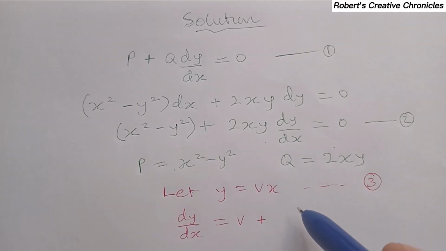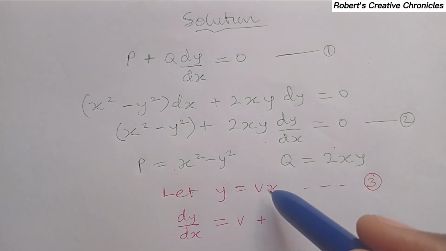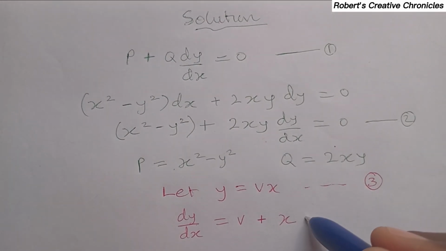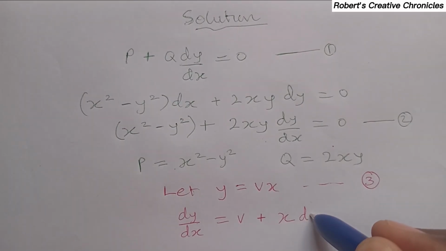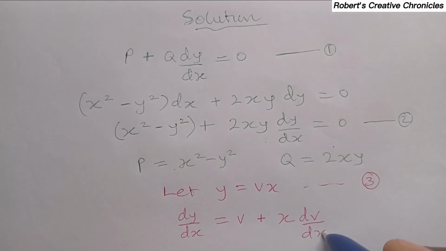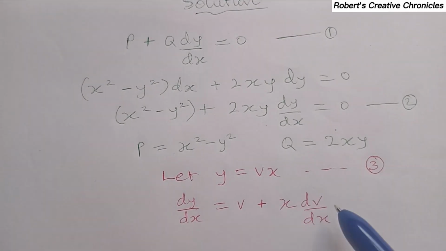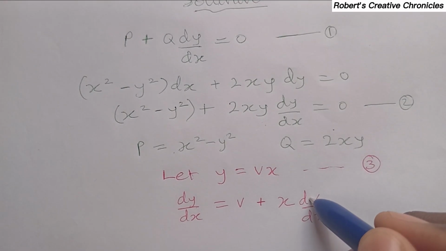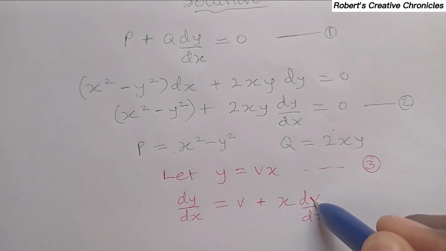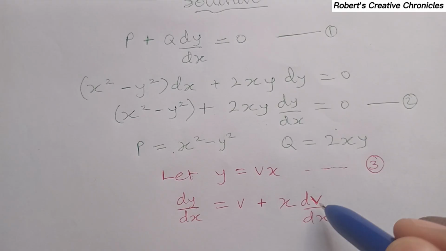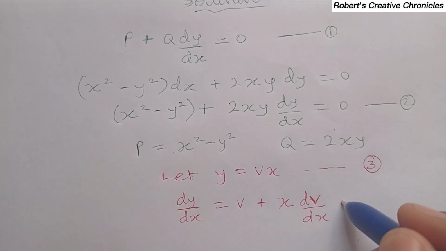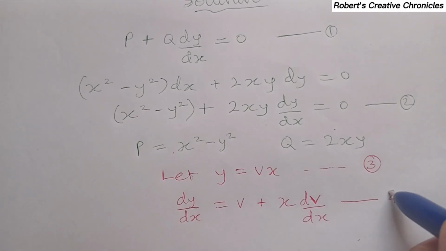Then you differentiate v, so the derivative of v with respect to x. We know that the derivative of x is 1, but that of v, we will still express it like this. We will not put any value for the derivative. We will just put dv over dx to signify the derivative of v with respect to x. And that will be our equation 4.